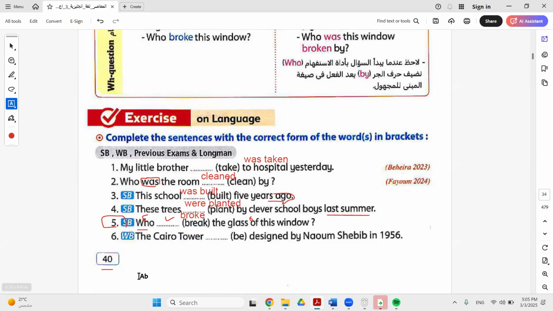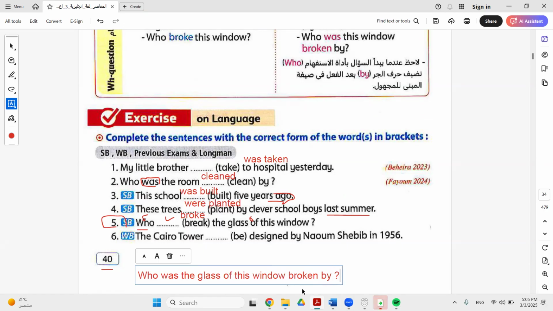If it were passive, it would be: who was the glass of this window broken by? It worked in this way.